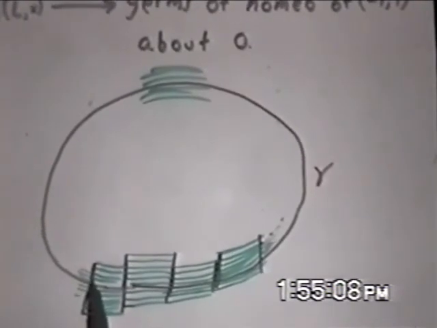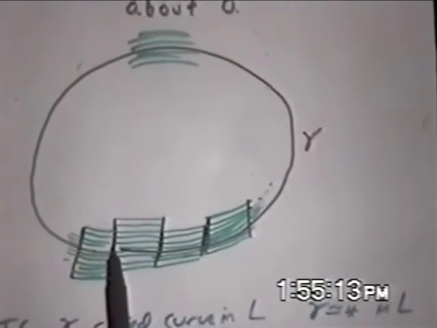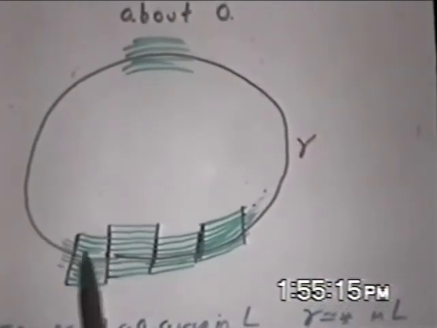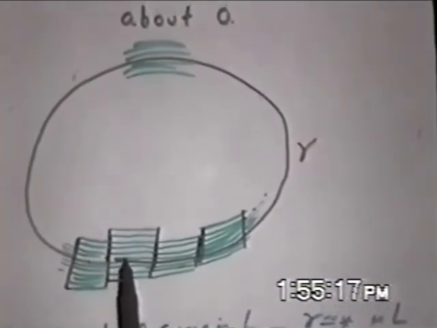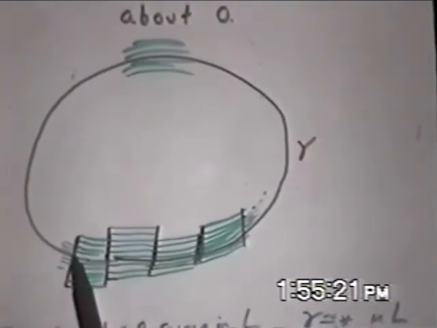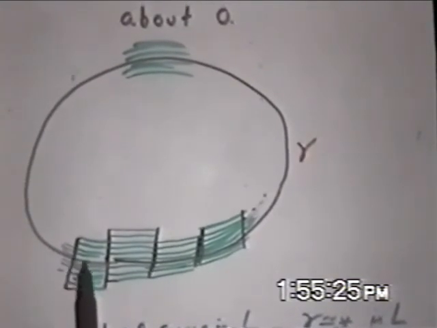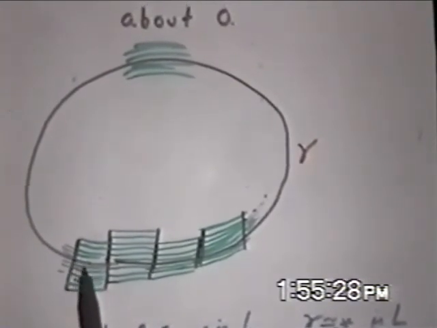What you notice is that if you take this first chart and second chart, and you're really close to this curve gamma, you walk along here, and the end of this chart is the beginning of the next one, and you can walk along here. So if you're just a little bit off of this curve, you can still walk along this leaf parallel to someone walking along the curve.